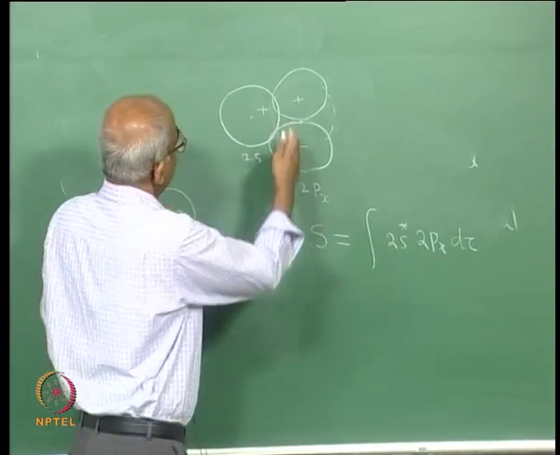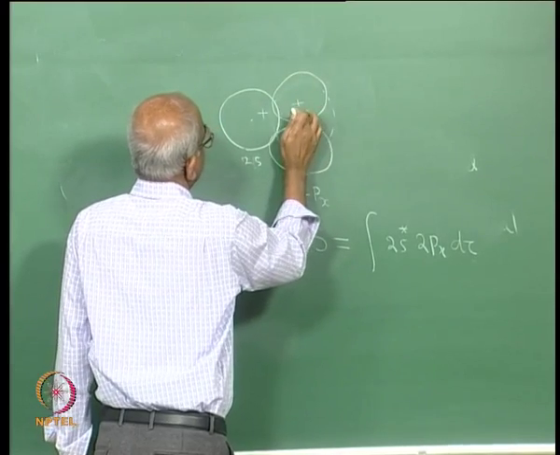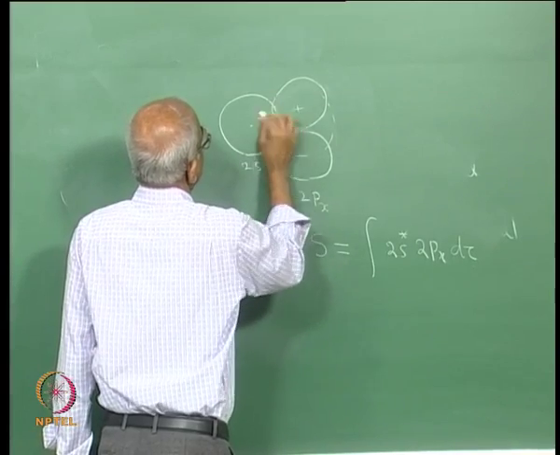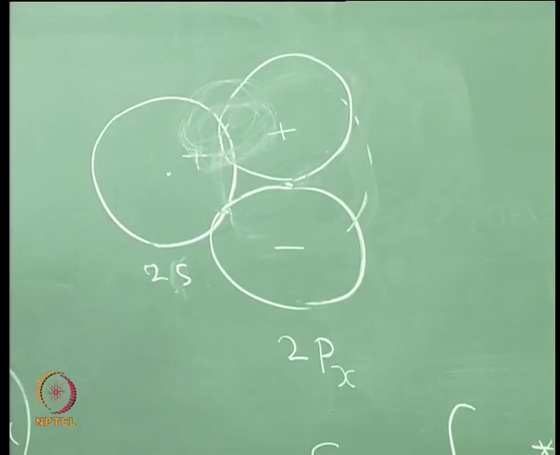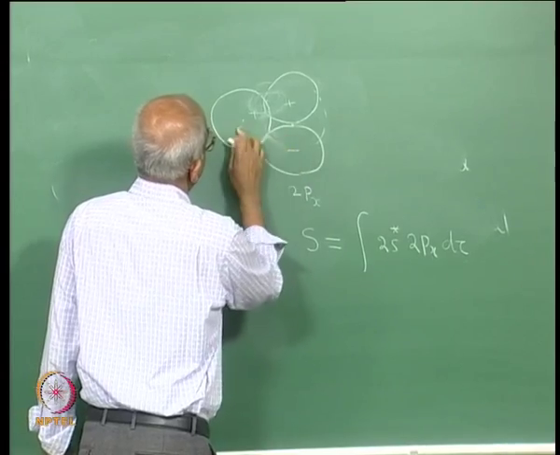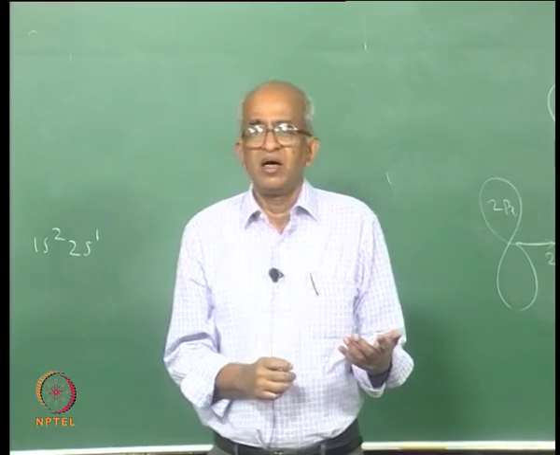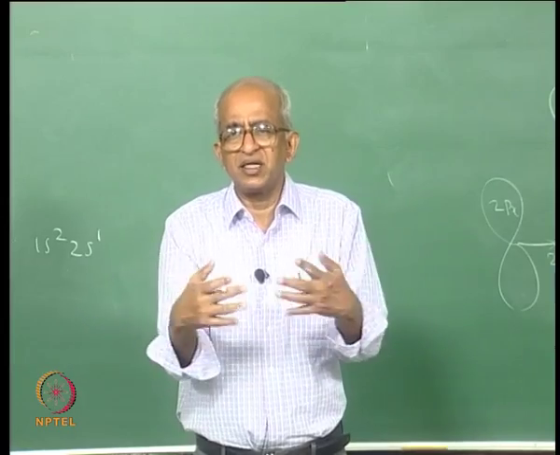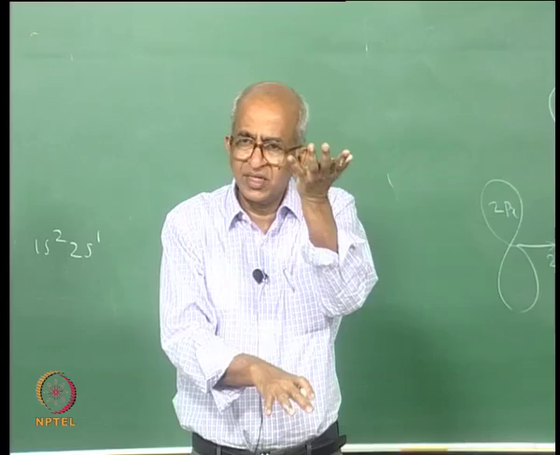When you multiply these two orbitals together, the wave function for 2px is positive and the wave function for 2s is positive, so in this region the product is going to be positive. Now, you have an equivalent region down here where the product is negative. These two regions are the same kind of regions, except that the product has a positive sign in one region and a negative sign in the other.